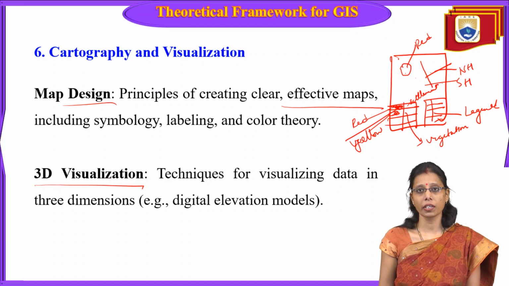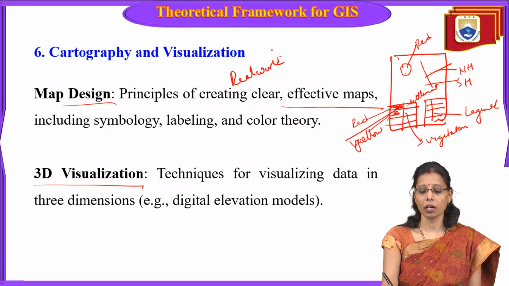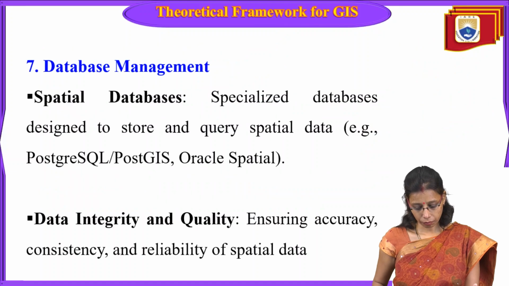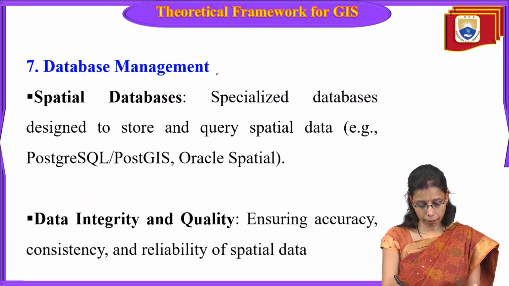Actually it is available on the ground, but if you want to show it in the map, from the real world we are transforming the image to the map. Now 3D visualization: techniques for visualizing data in three dimensions, like digital elevation models, which can be created based on the 3D. Okay, now database management.